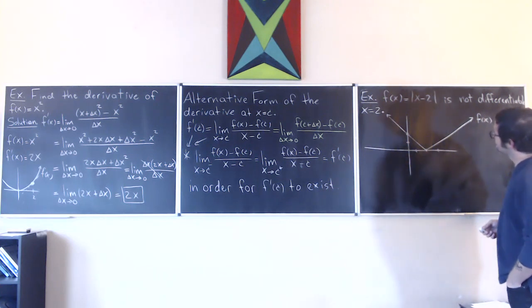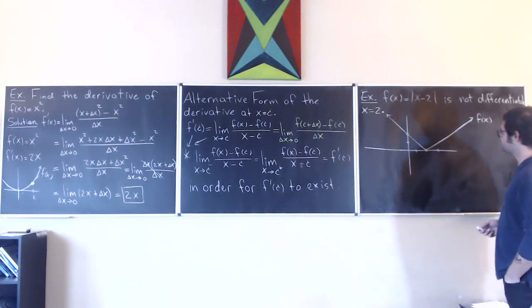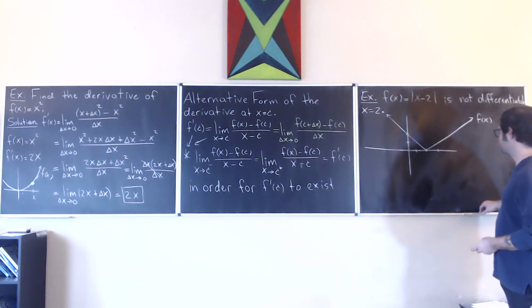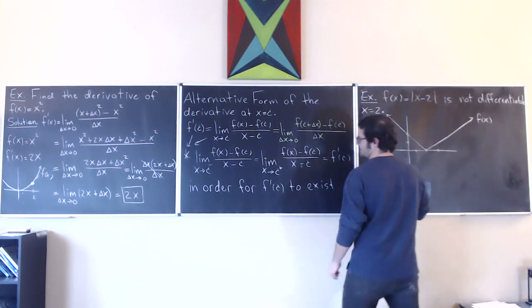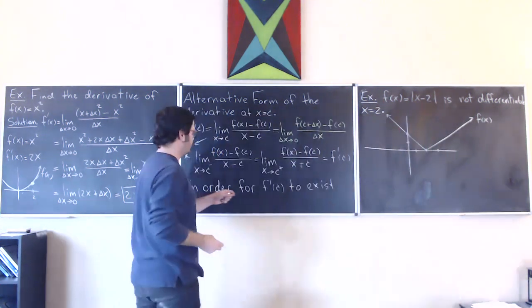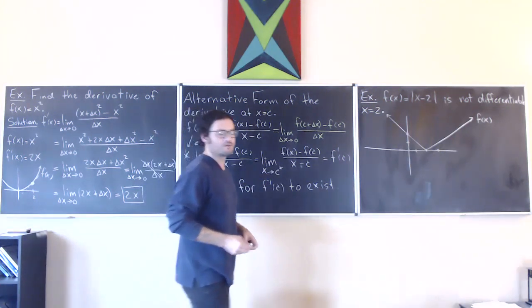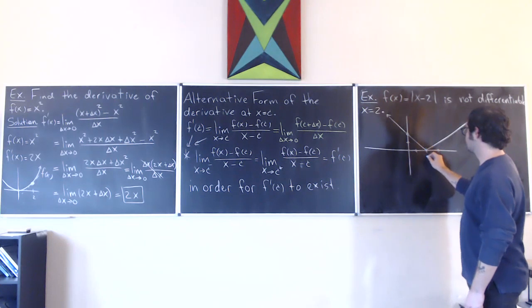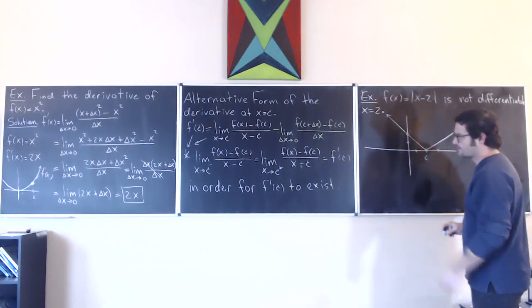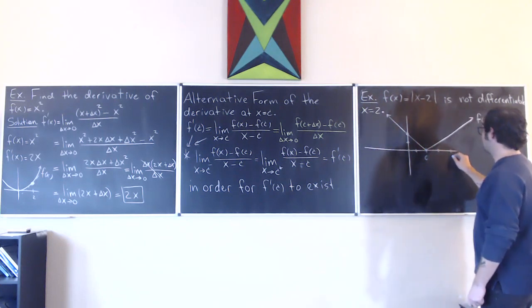But it's not differentiable. Why? Well, how can we show this? Pictorially, we should be able to see it. Let's look at the right-hand side limit here. So this is our C right here, and we're picking x over here.